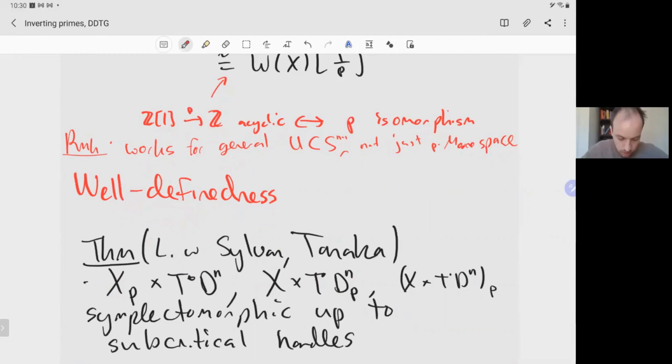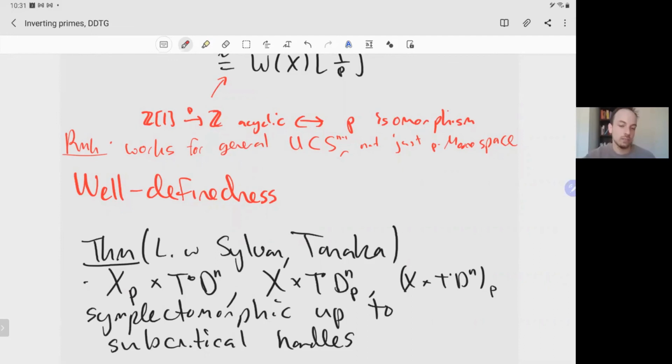This is a theorem joint with Sylvan and Tanaka: if you start with X_P and you stabilize, that's the same thing as starting with X and crossing it with the P-localization of T*D^n. And both are the same as X stabilized and then P-localized.